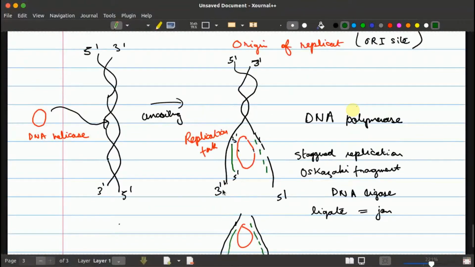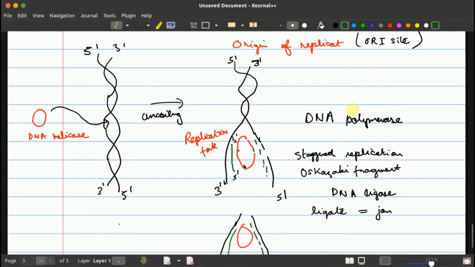So the new string is being synthesized from 5 to 3 in both cases. It is being made in pieces here, but still the production is always from 5 prime to 3 prime. With respect to the original strand it is going from 3 prime to 5 prime, and with respect to the other, it's 5 prime to 3 prime.